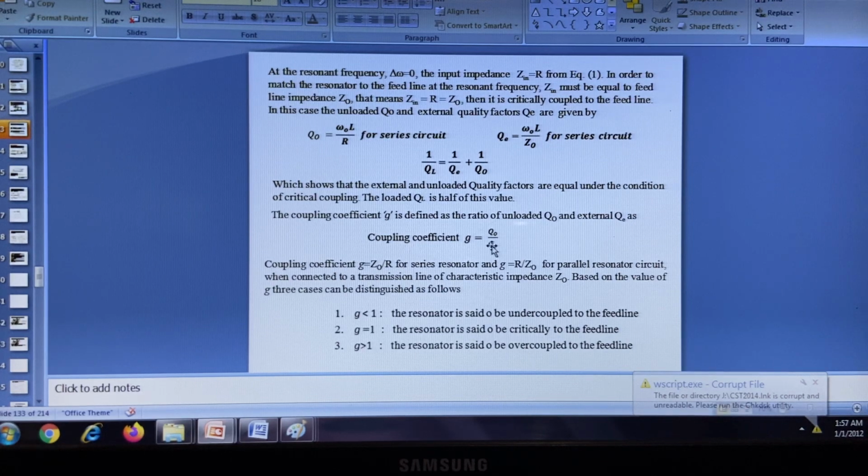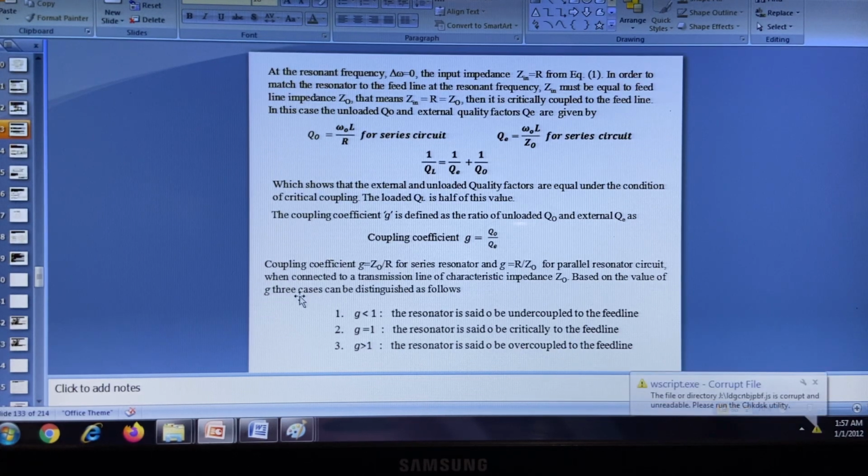If we take the ratio of those two, we get g equal to Z0 by R for the series resonator circuit, and g equal to R by Z0 for the parallel resonator circuit. So the coupling coefficient g depends on the values of Z0 and R.